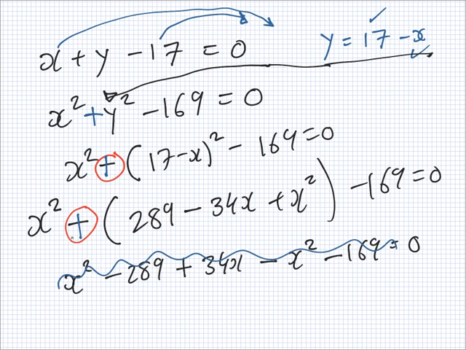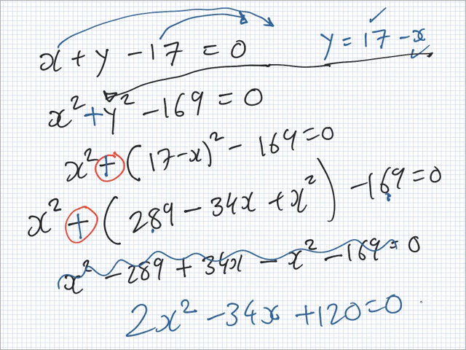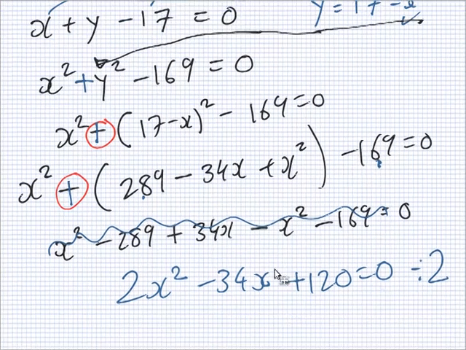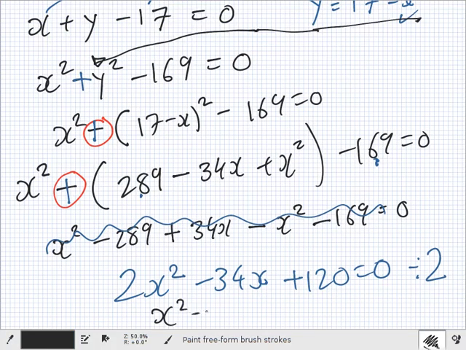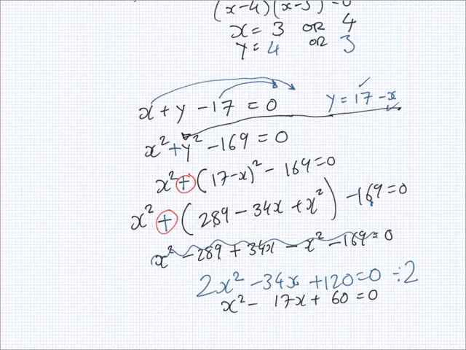So now I have x squared plus x squared, 2x squared, and then minus 34x, and then 289 minus 169. What is it? 120. Now what should I do to this? Divided by 2. So now I have x squared minus 17x plus 60 equals 0. Now, don't tell me, I can factorize this. I need to learn.